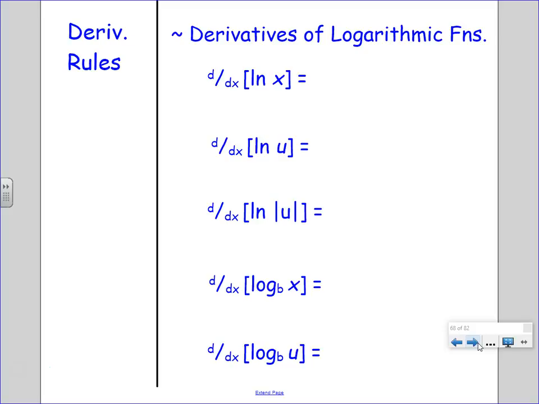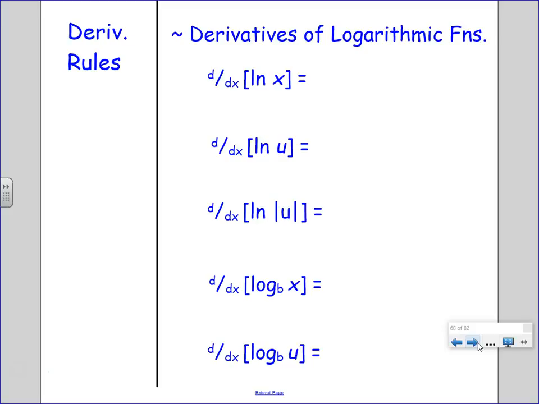Do the functions literally just have an x alone? Or is there something else, like a 5x, or like an x squared minus 1, or like a square root of x? If inside ln, or inside sine, or inside cosine, or inside e to that, there's something other than just x. Does that kind of make sense?